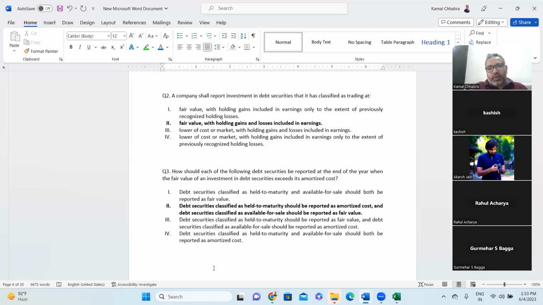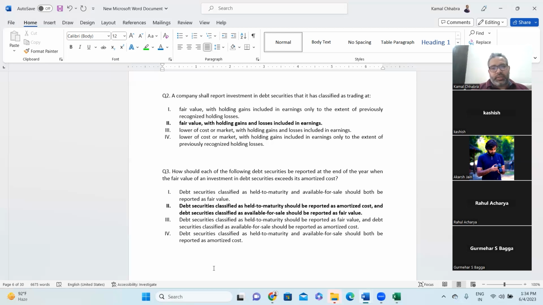Change in value. What is the call of the question? Sir, the call is, when should debt securities be classified as trading? No, you didn't understand the question. Read the question again.